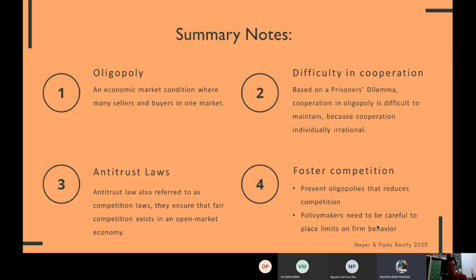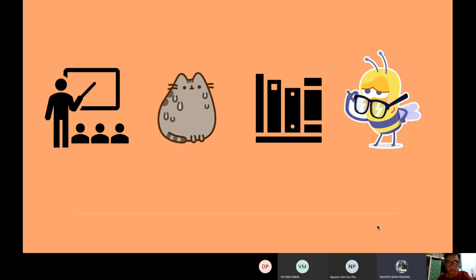To foster competition, the policymakers prevent those oligopolies that reduce competition. And the application of this law can be controversial because some behavior that can appear to reduce competition may in fact have a legitimate business purpose. So that is my part.